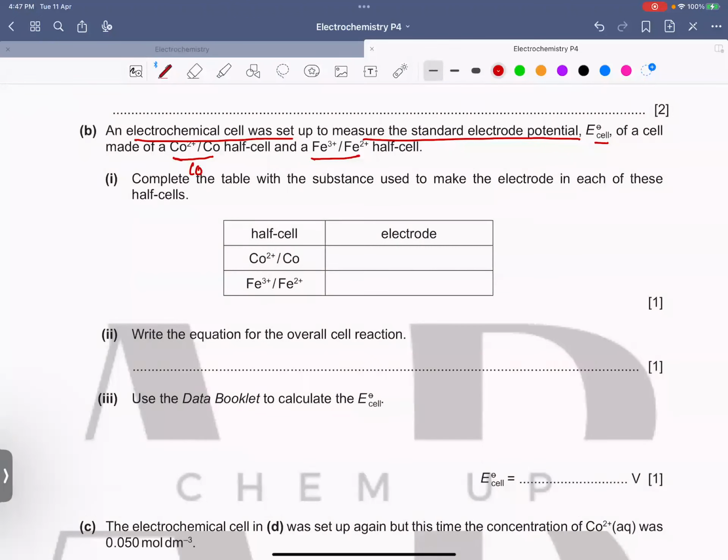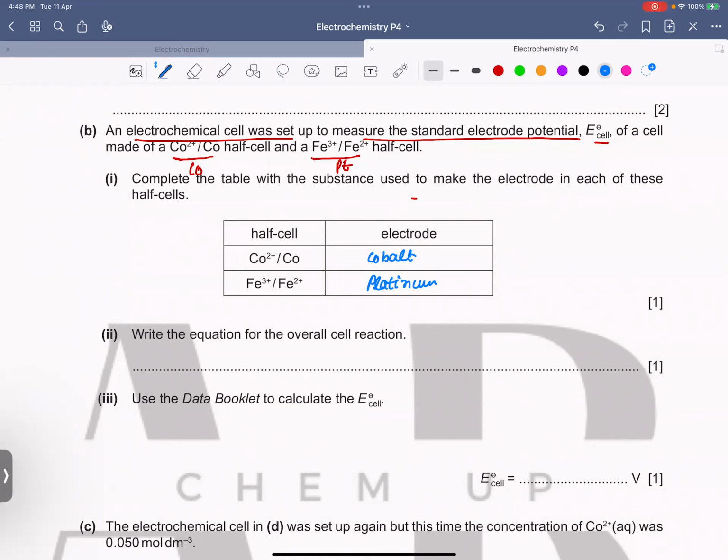Complete the substance used to make the electrode in each of these half cells. Okay. So cobalt and platinum. Is it clear? Yes. Overall cell reaction.